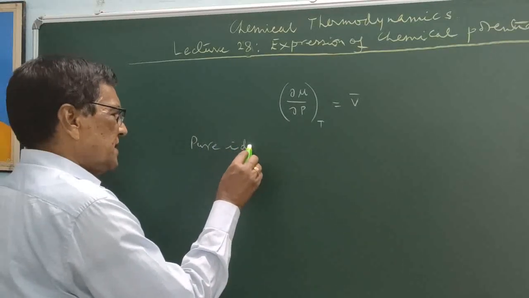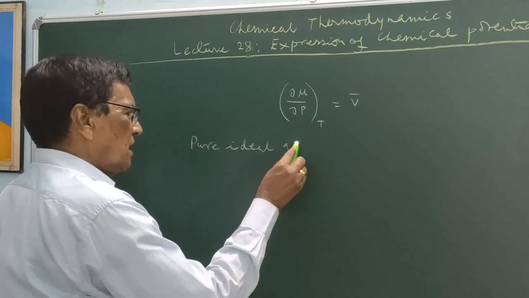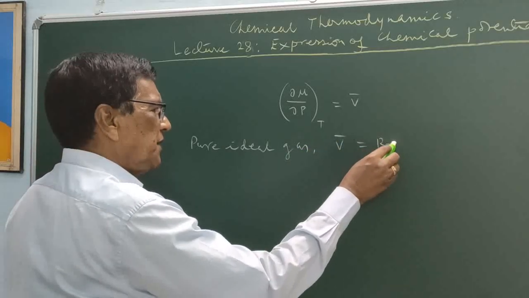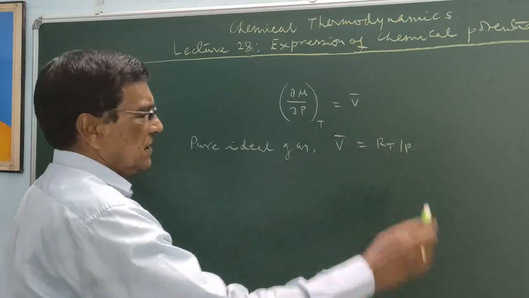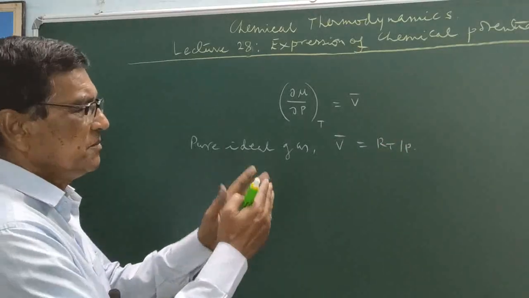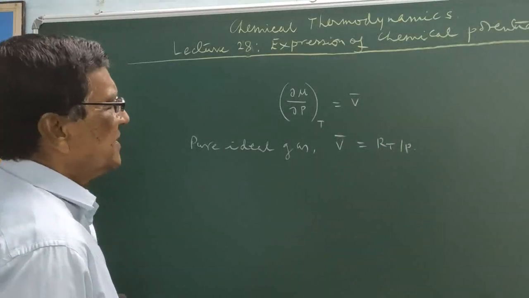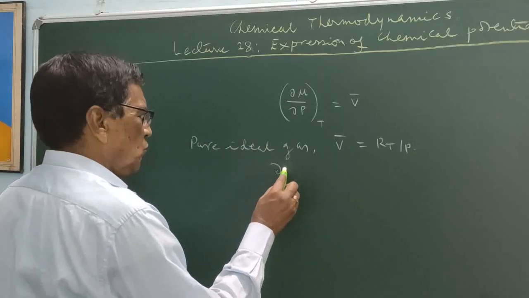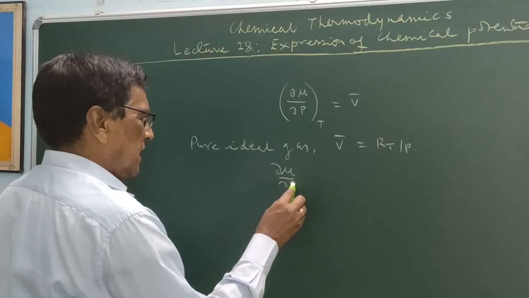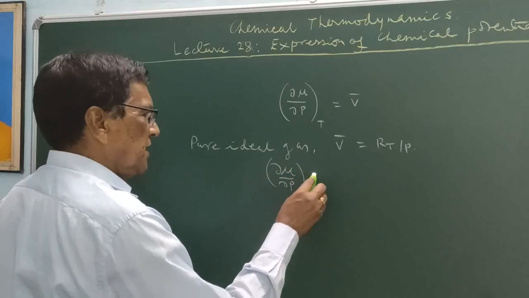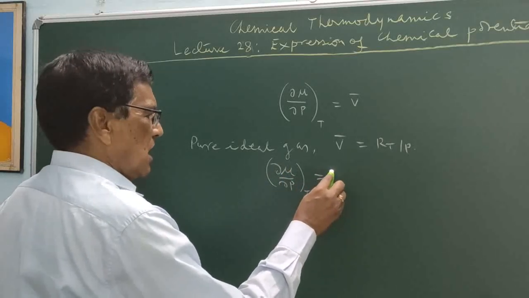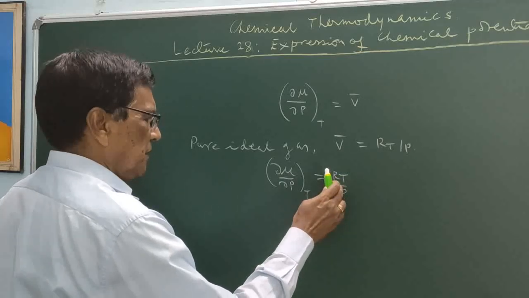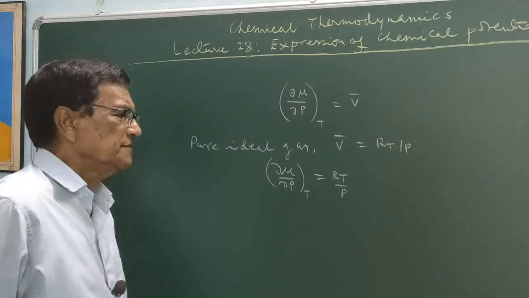If we take a pure ideal gas, then V bar equals RT divided by P. This is the simplest case, and so del mu by del P at constant temperature is equal to RT by P, where P is the pressure and T the temperature.